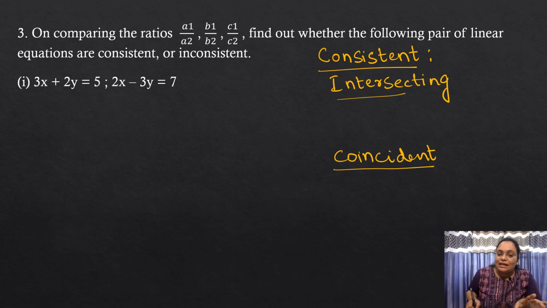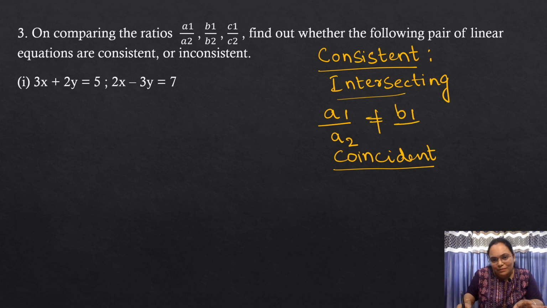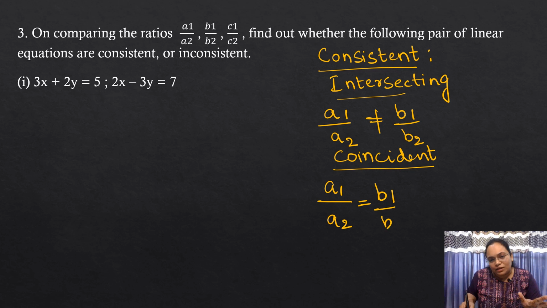So what are the conditions for the intersecting? We know that it is A1 by A2 is not equals to B1 by B2. If it is satisfying this condition, it is said to be intersecting lines and a consistent system. So what is the condition for the coincident? A1 by A2 is equals to B1 by B2 is equals to C1 by C2. If it satisfies this condition, it is said to be coincident and a consistent system.